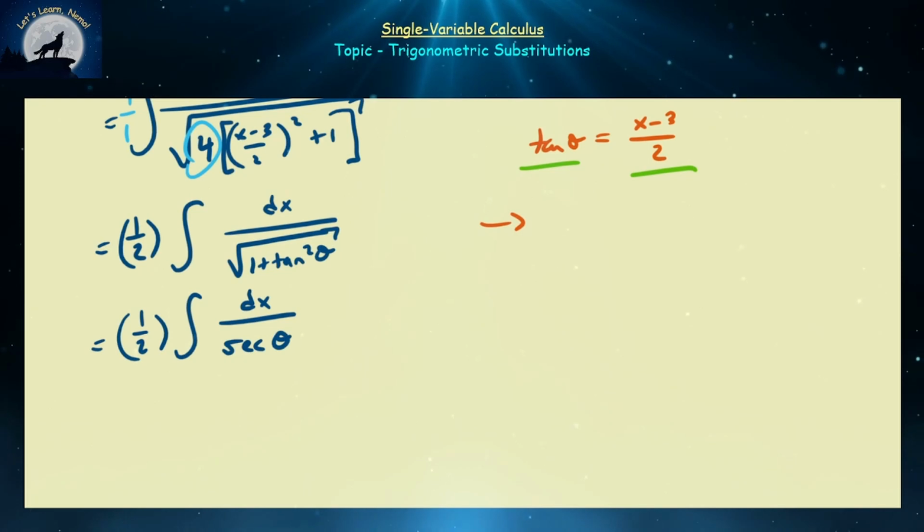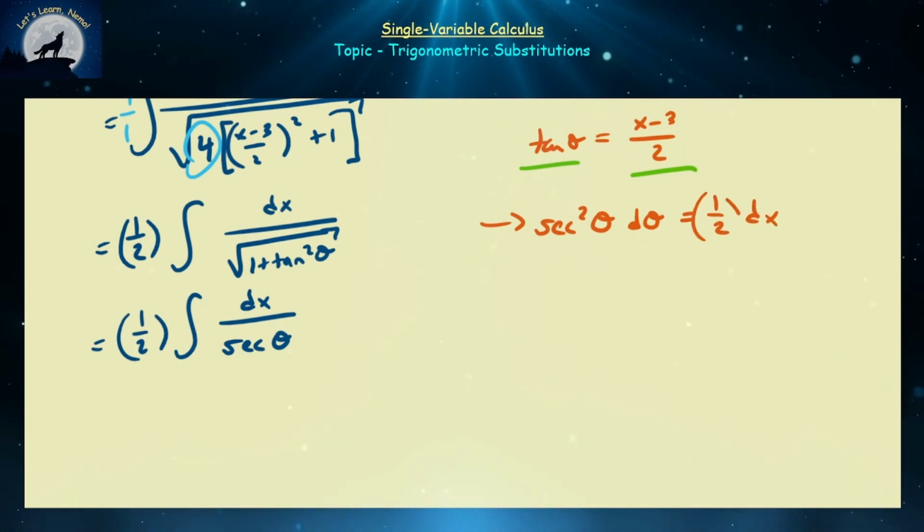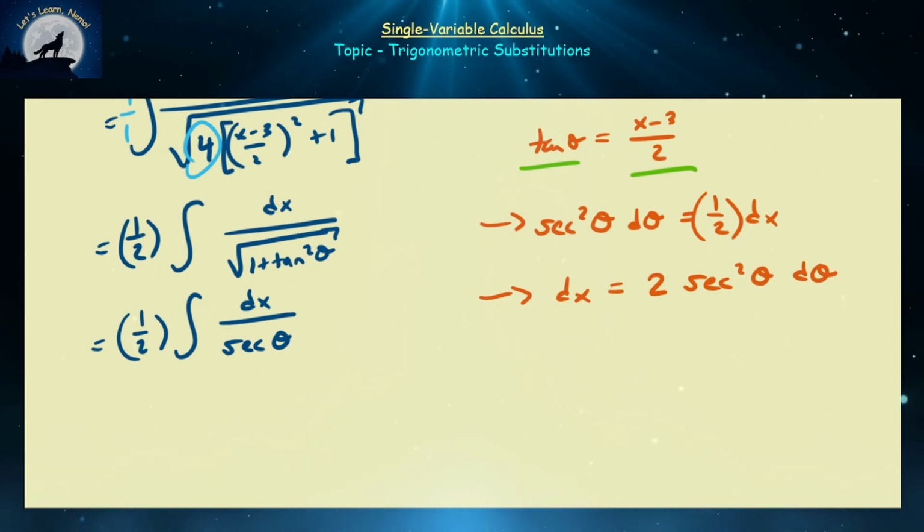So the derivative of tangent of theta is going to be equal to the secant squared of theta d theta, and over here the derivative of x minus 3 divided by 2 is just going to be equal to 1/2 dx. So we can solve this equation for dx actually quite easily. So dx will be equal to 2 times the secant squared of theta d theta.